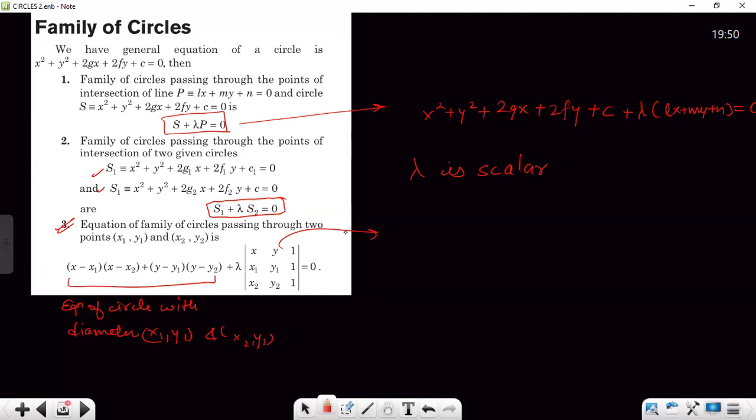If I can recall it correctly, this is the equation of the line passing through 2 points. Please read it for a second and give me a minute.